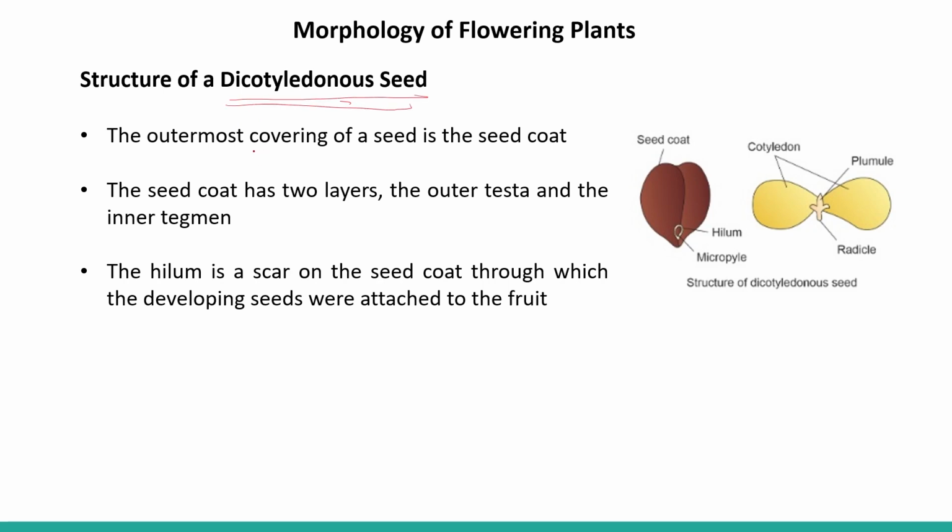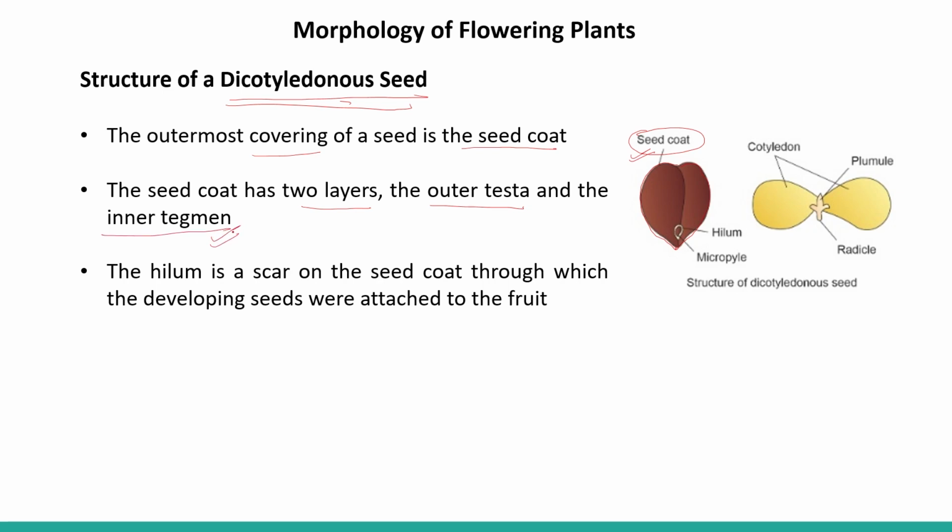The outermost covering of a seed is the seed coat. This brown cover on the gram seed, which is a dicotyledonous seed example, is called the seed coat. The seed coat has 2 layers. The outer layer is called the testa and the inner layer is called the tegmen.